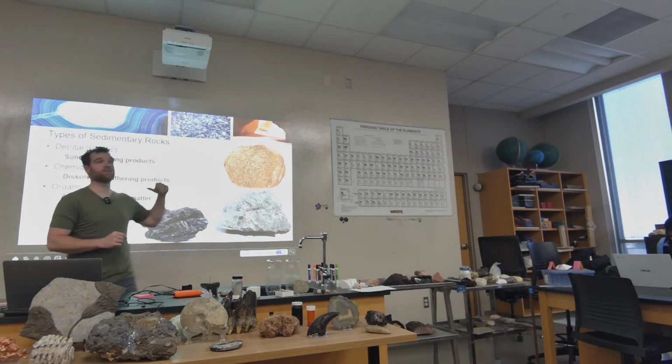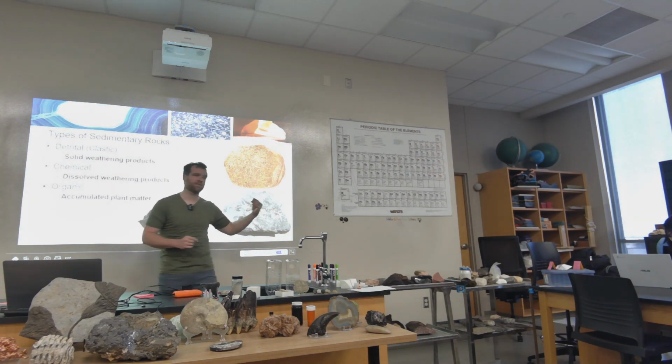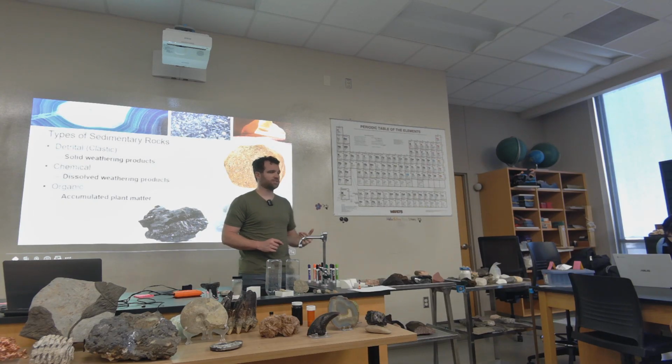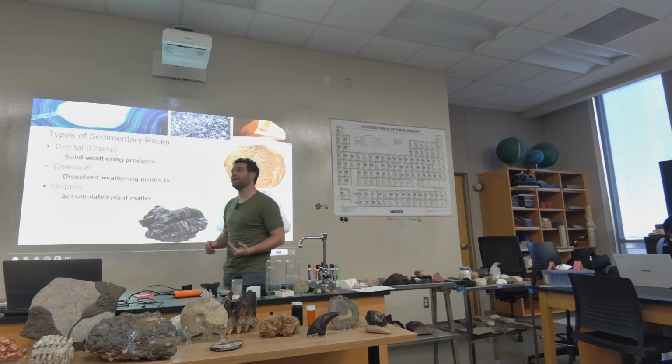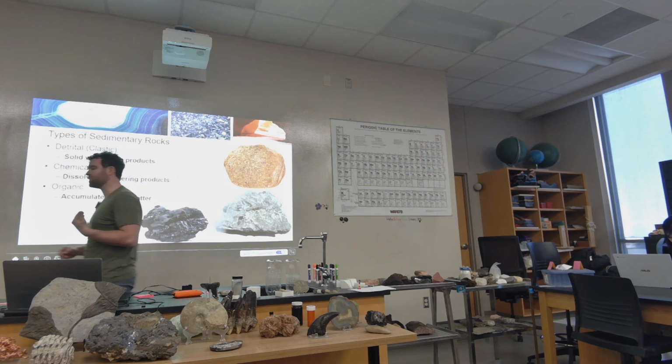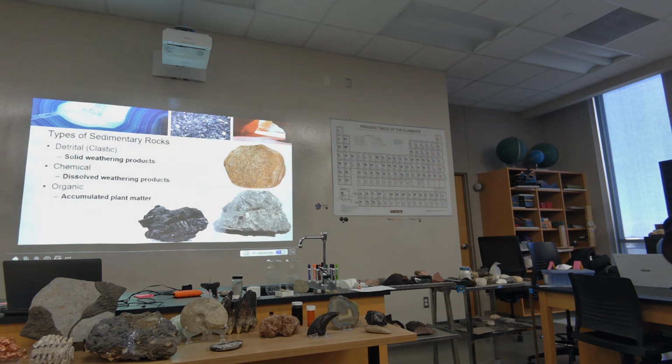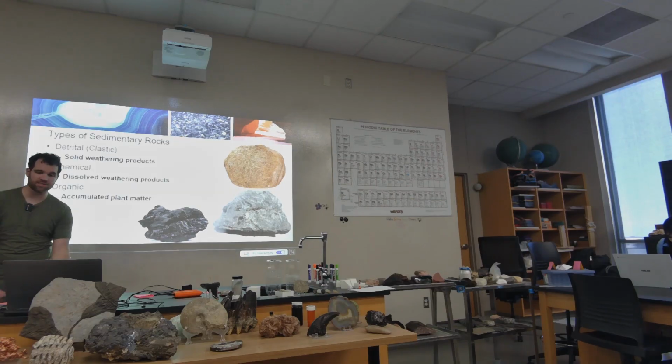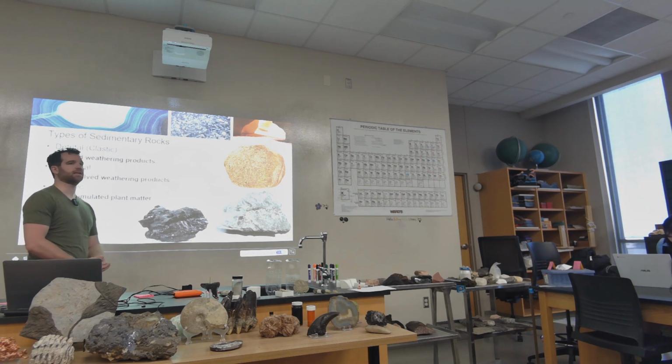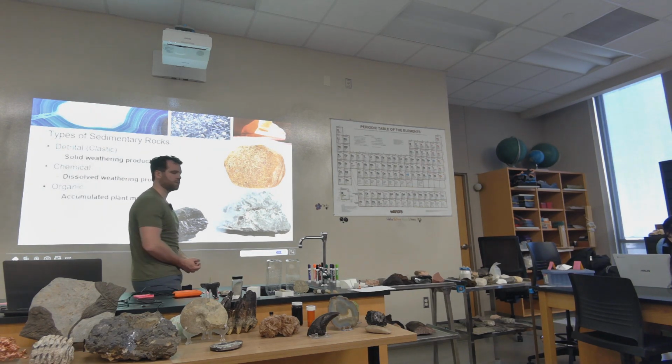So clastic or detrital is another term you might see for that in the literature. Clastic sedimentary rocks are going to be made out of the materials broken down from previously existing rocks, igneous, metamorphic, or sedimentary. Whatever is weathered down, been eroded away, and deposited somewhere will become a clastic sedimentary rock, given time.